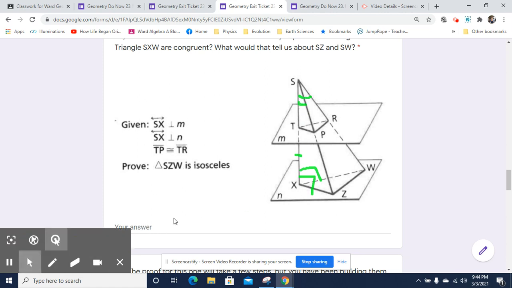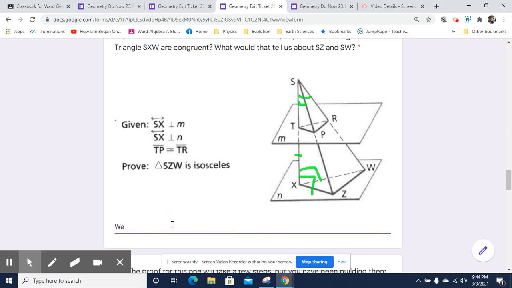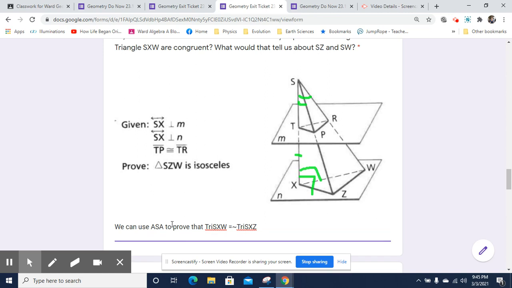So we can use angle, side, angle to prove that triangle SXW is congruent to triangle SXZ. And once we've gotten that, we can say that SZ is congruent to SW by CPCTC.